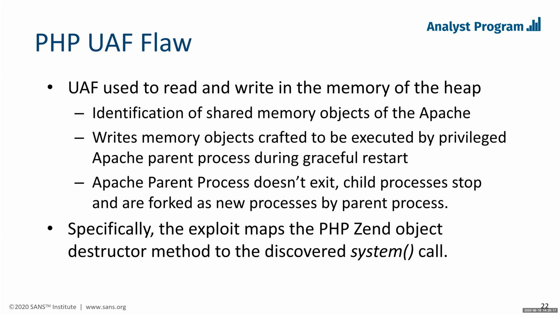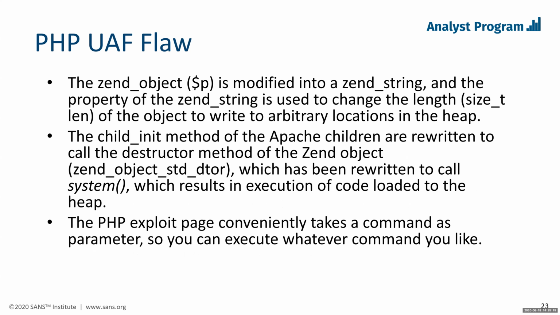Okay. So the use after free is in place where the Zend object, which is $p, is actually changed to a Zend string. This has the benefit of now being able to change the length of the object to be able to write into arbitrary places in the heap by extending or shortening the length of the object and then writing to it. It can write further and further into memory.